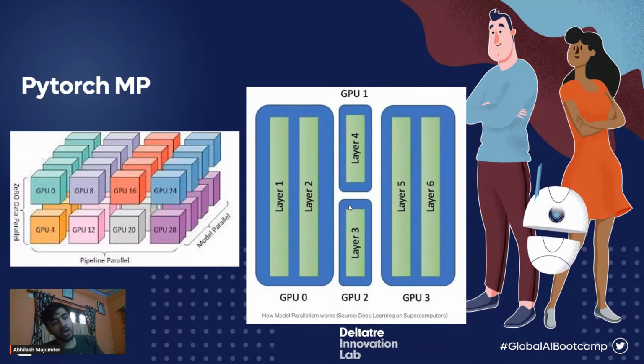Why? Because let's say your layer 3, for example, depends upon the output of layer 2. So in that case, it becomes a little complicated, because you want to ensure that your GPU 0 has completed its operations before you send your results to GPU 2, which has layer 3.